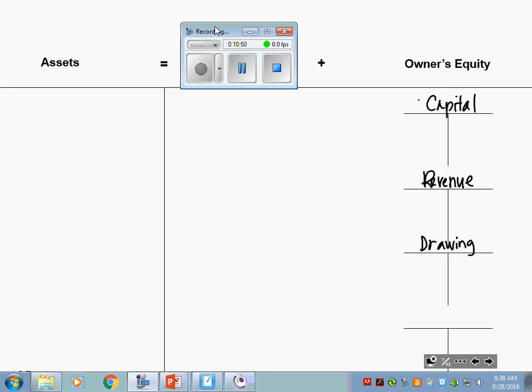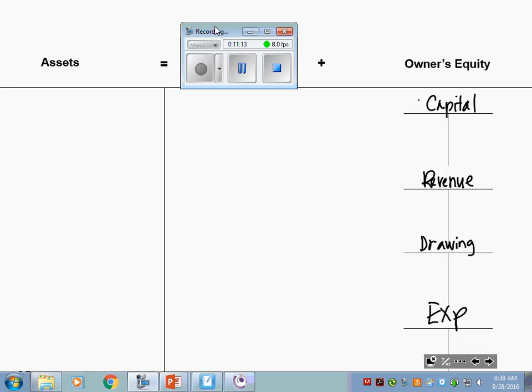Any of the expenses. Now, soon enough, you're going to learn that each expense is going to have its own little T account. Okay? So you'd have advertising expense, you'd have a utilities expense, each of them would be their own T, but just for now, for general learning, can I just say expense? Soon enough, you're going to have lots of T's for that.